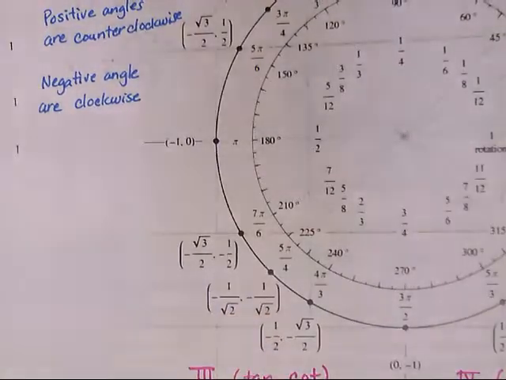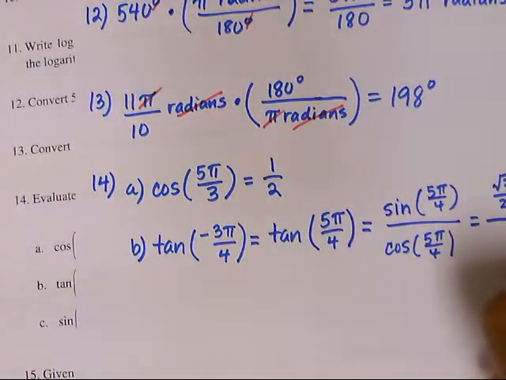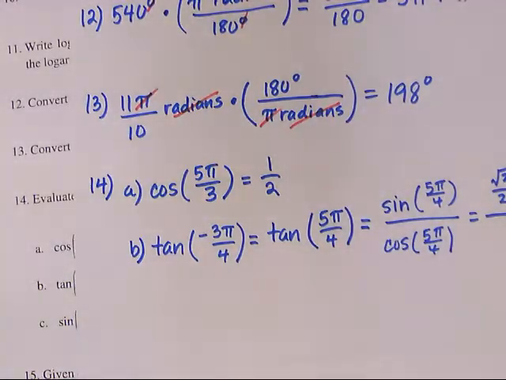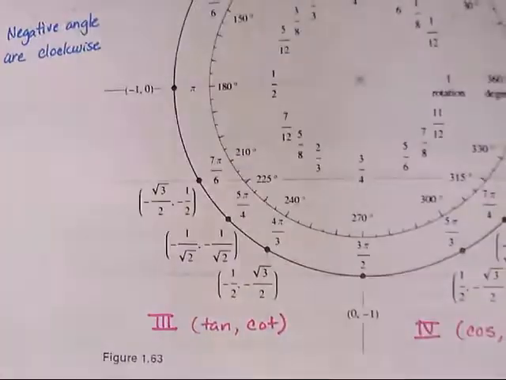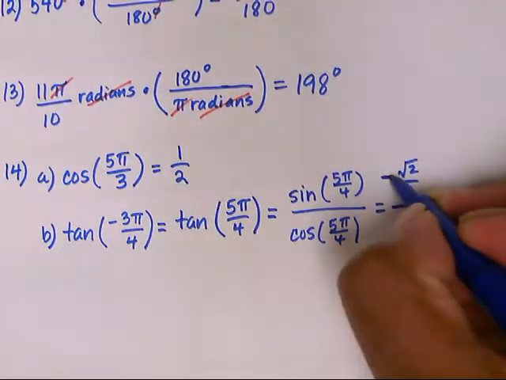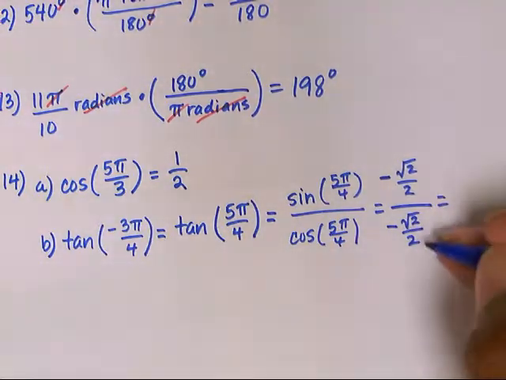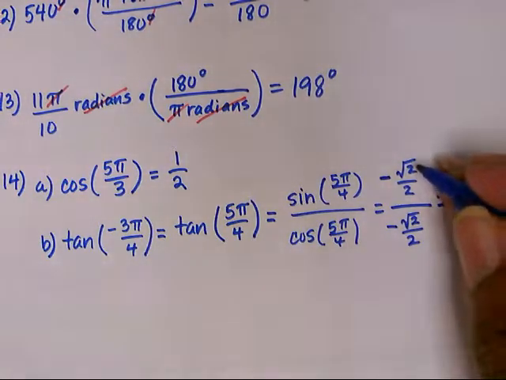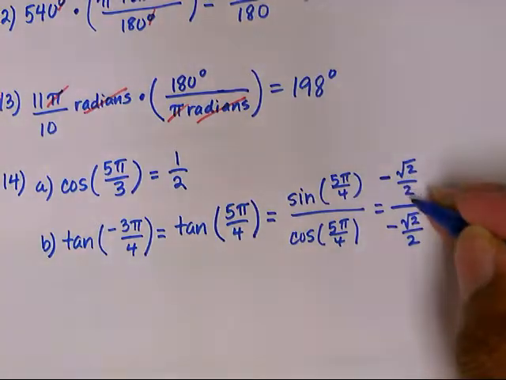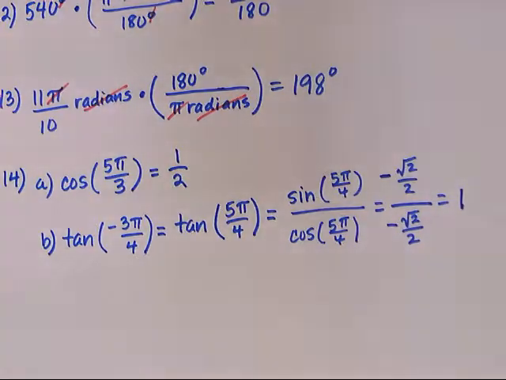But that's the same as saying the negative square root of 2 over 2. Over the cosine of 5 pi over 4, which is also negative 1 over the square root of 2. But that's the same as the negative square root of 2 over 2. And of course they're both negative since they're in the third quadrant. So here negative divided by negative is a positive. But notice the negative square root of 2 over 2 divided by itself is actually going to be 1. So the tangent of negative 3 pi over 4 will be 1.